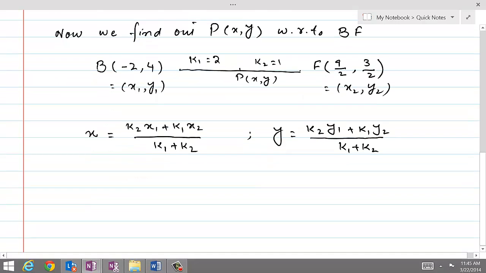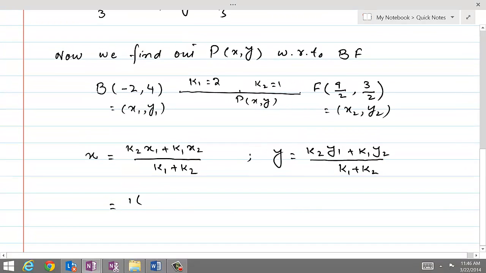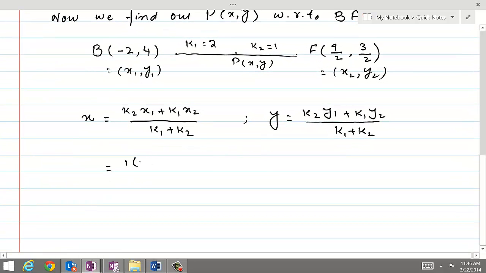And now we will be substituting the values. K2 is equal to 1, so this will be equal to 1 time x1, and x1 is equal to minus 2 plus 2 times 9 by 2 over K1 plus K2.